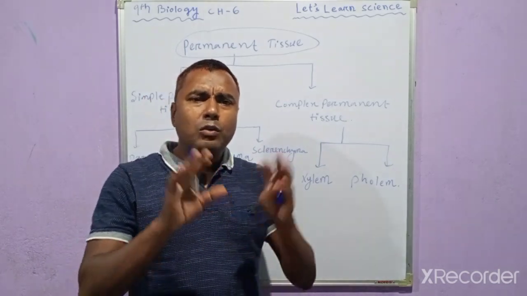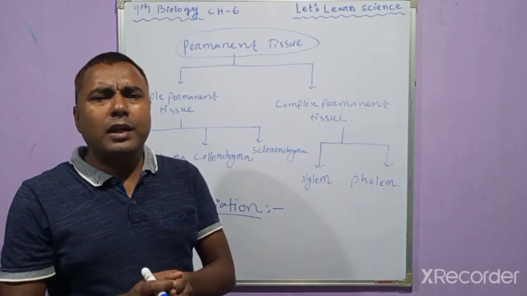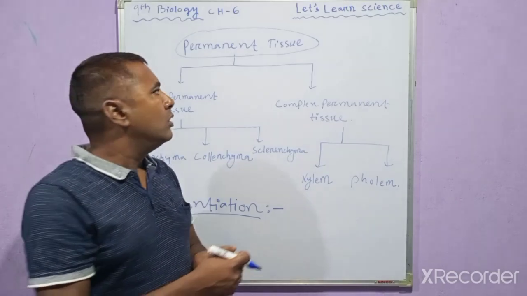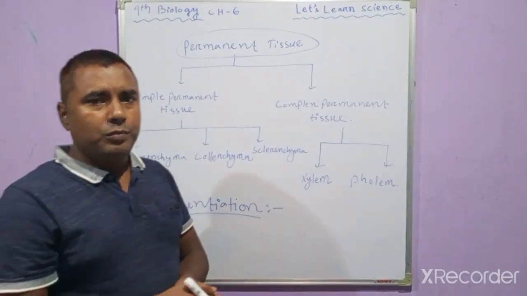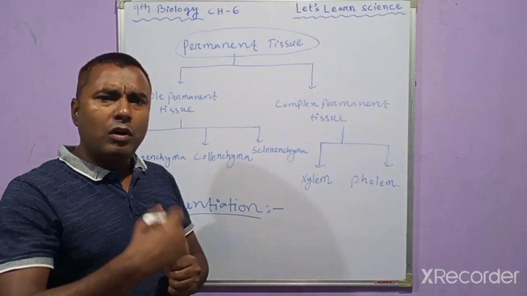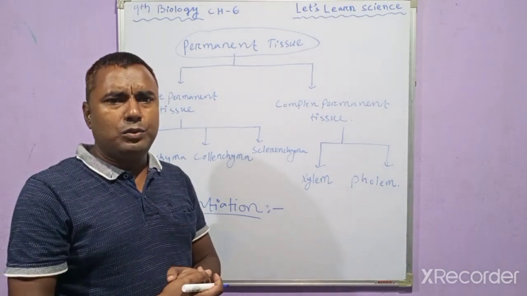Then they get a permanent shape, and that tissue is called permanent tissue. So permanent tissue develops only because of meristematic tissue.